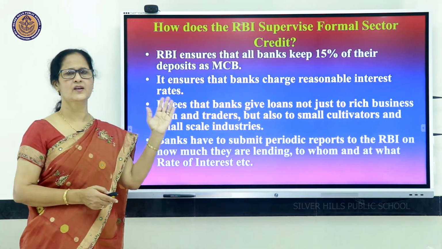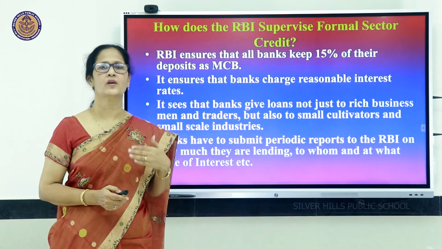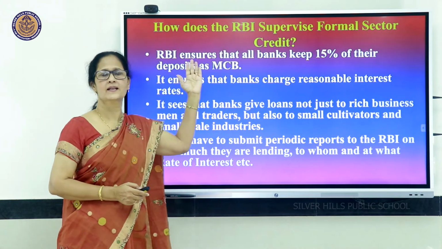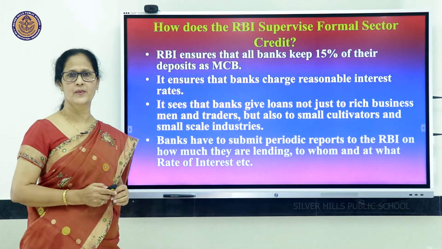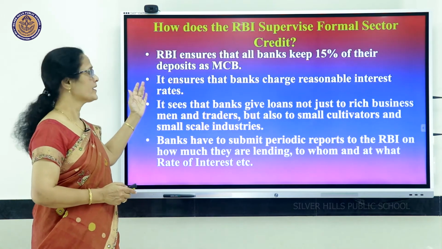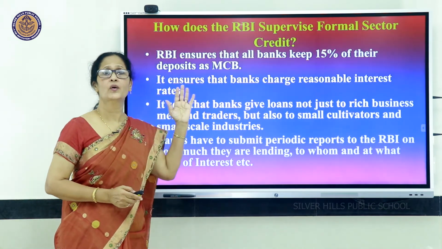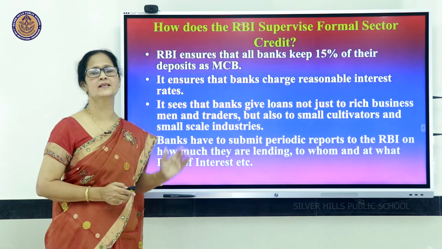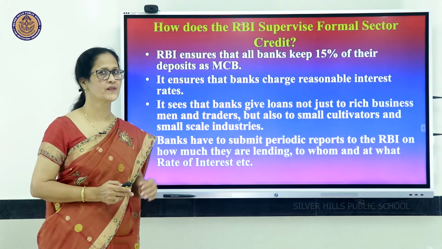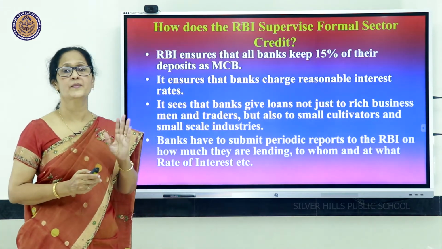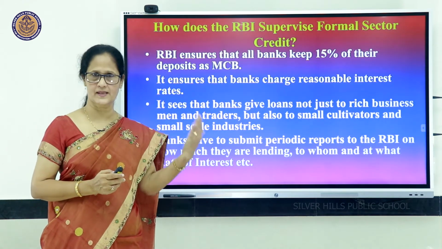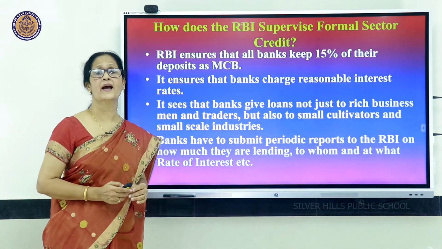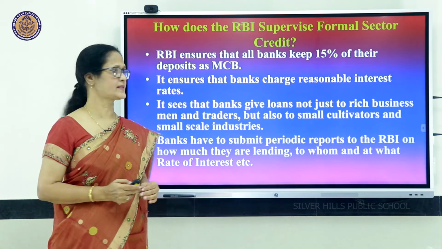Next, we learned that formal sector credit is supervised or controlled by the Reserve Bank of India. Your next question is, how does the Reserve Bank of India supervise formal sector credit? Firstly, the RBI ensures that all banks keep 15% of their deposits as minimum cash balance, to pay the depositors when they come to withdraw the amount. Second, RBI ensures that banks charge reasonable rates of interest.